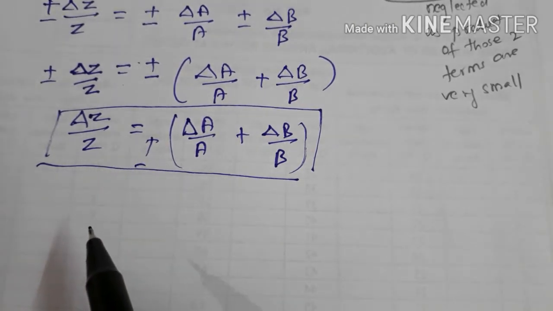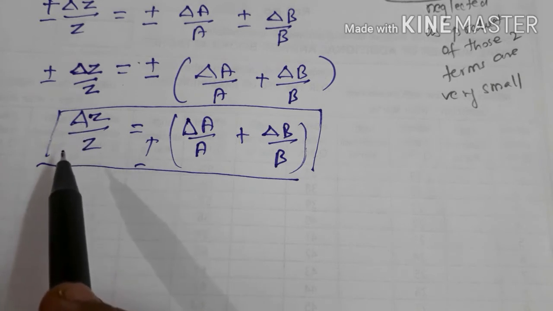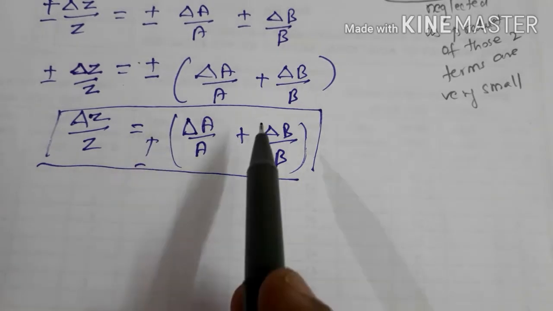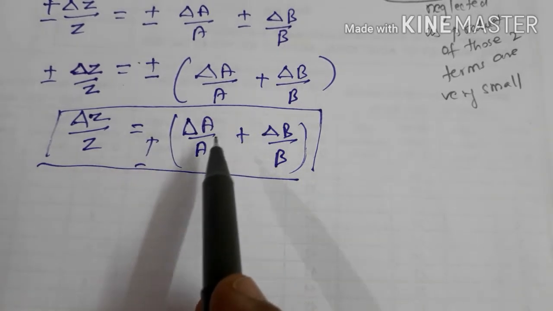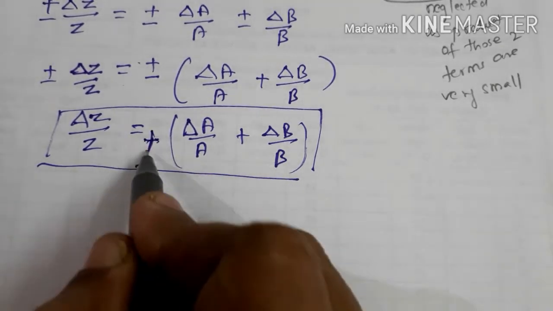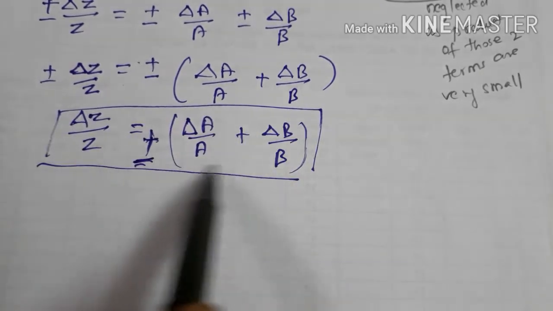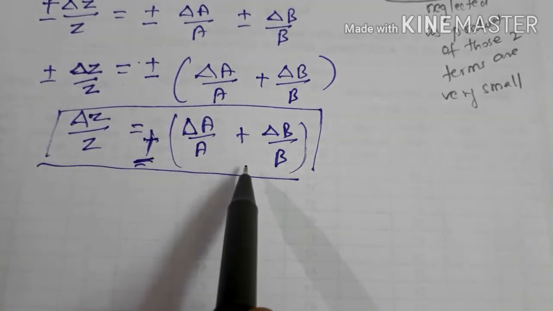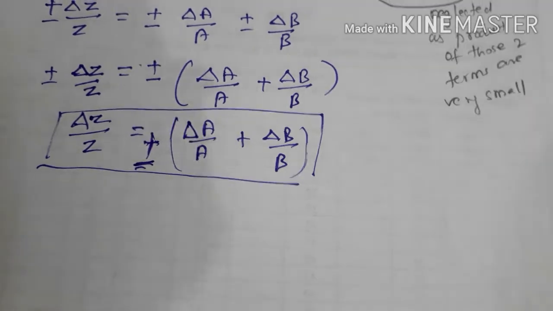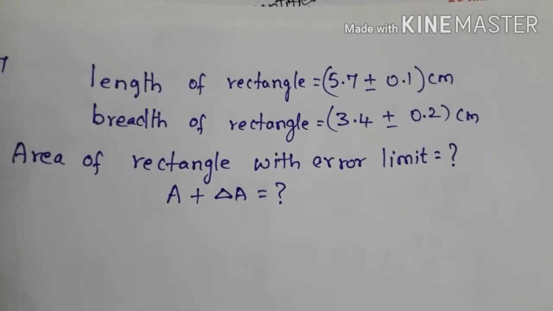That is the maximum fractional error in the product of two quantities, it is equal to the sum of fractional errors of individual quantities. Using this formula only, we are going to solve a problem while finding out the product of two quantities. Okay, that is the example problem, children.